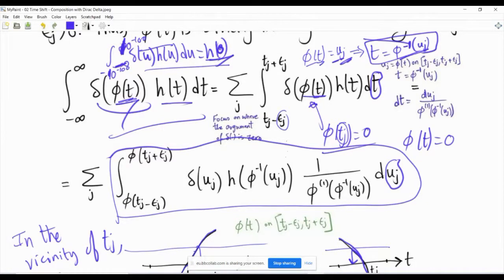And we did this so that inside the Dirac delta, we have a linear variable, just uj. Okay, so we want things to look like the original Dirac delta, which interacts with functions by evaluating those functions at the origin.